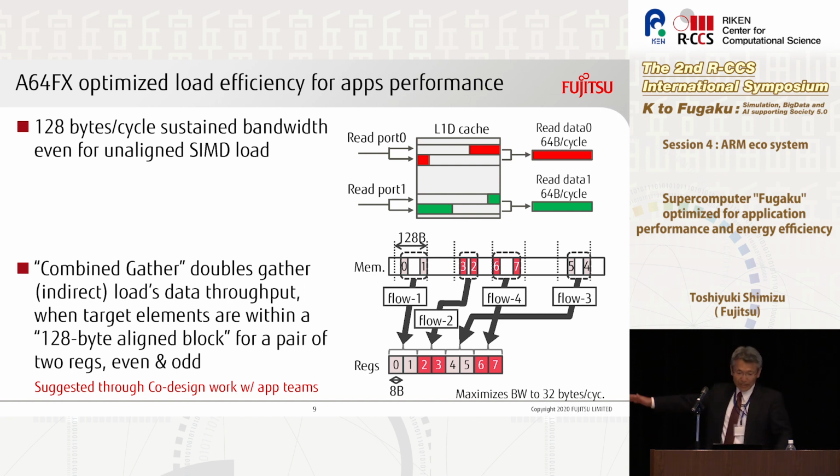The bottom side shows the combined gather. An ordinary CPU needs to load 8 indirect data or index data in 8 CPU cycles. But A64FX can load 8 index data in 4 CPU cycles if some condition is met.